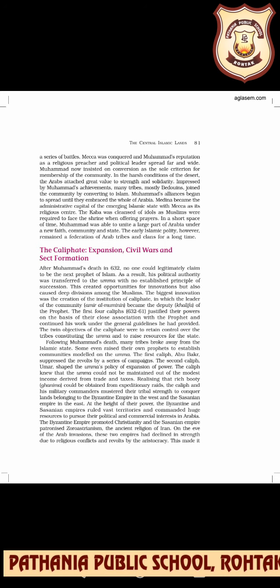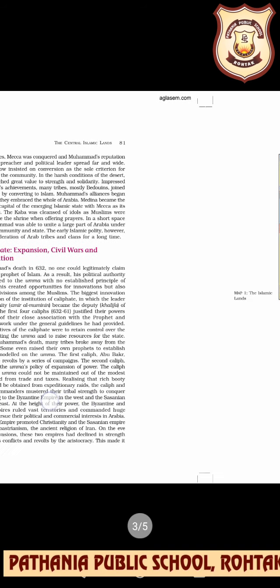In three successful campaigns between 637 and 642, the Arabs brought Syria, Iraq, Iran, and Egypt under the control of Medina. Military strategy, religious fervor, and weakness of the opposition contributed to the success of the Arabs. Means all factors were supporting the Arabs.